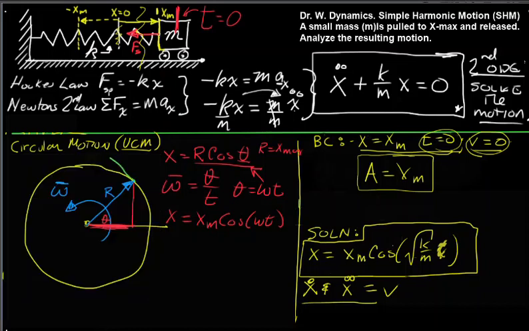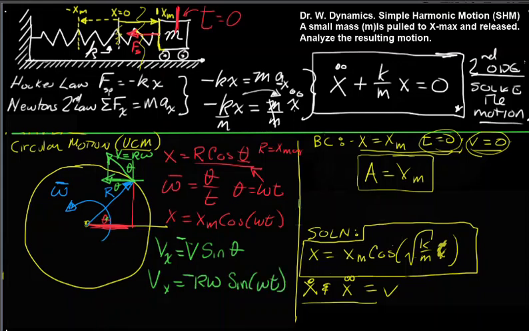If we take that one step further, we have a velocity v, which would be r omega, and if this is theta, that's theta, which makes this theta, and vx would be this component here, which would be v sine of theta, and it's in the negative direction, so vx would be negative r omega sine of omega t, in which case we again get the same solution from before.